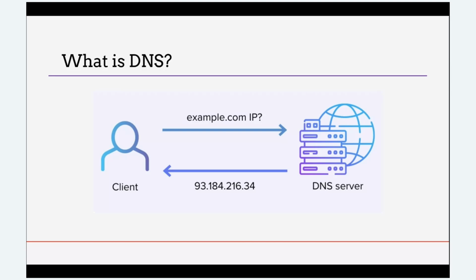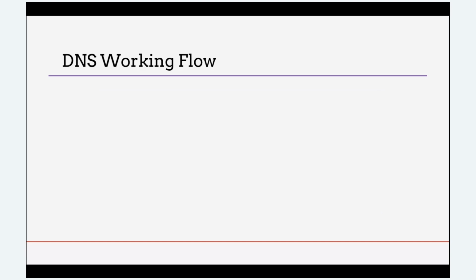So this is a very short gist of what DNS is, and I would also like to quickly give you the working flow of a DNS. It's not that every time you search for anything, it will directly go to a DNS server.